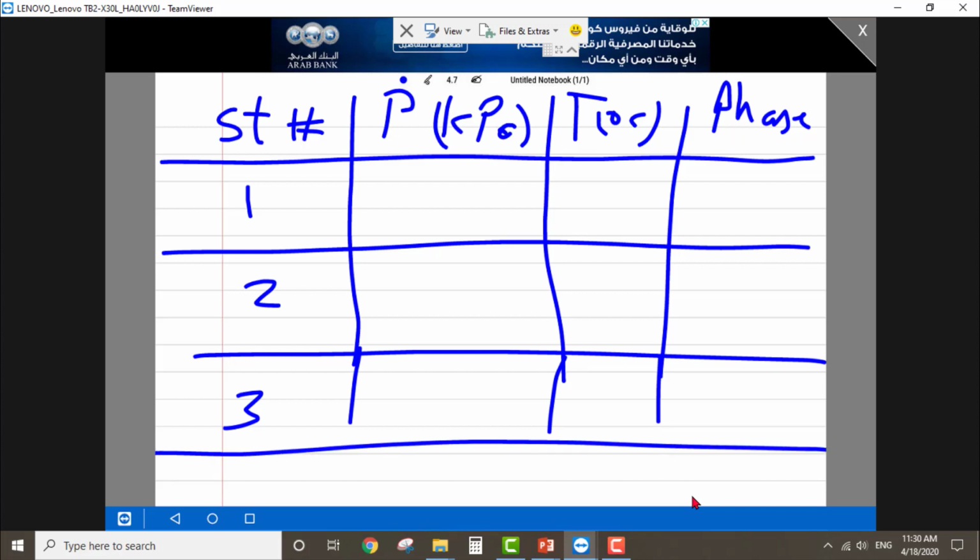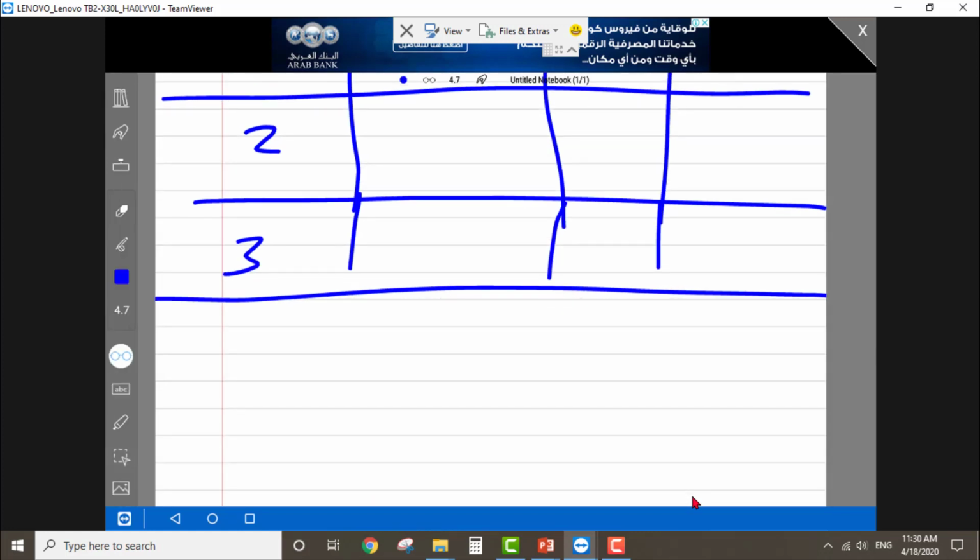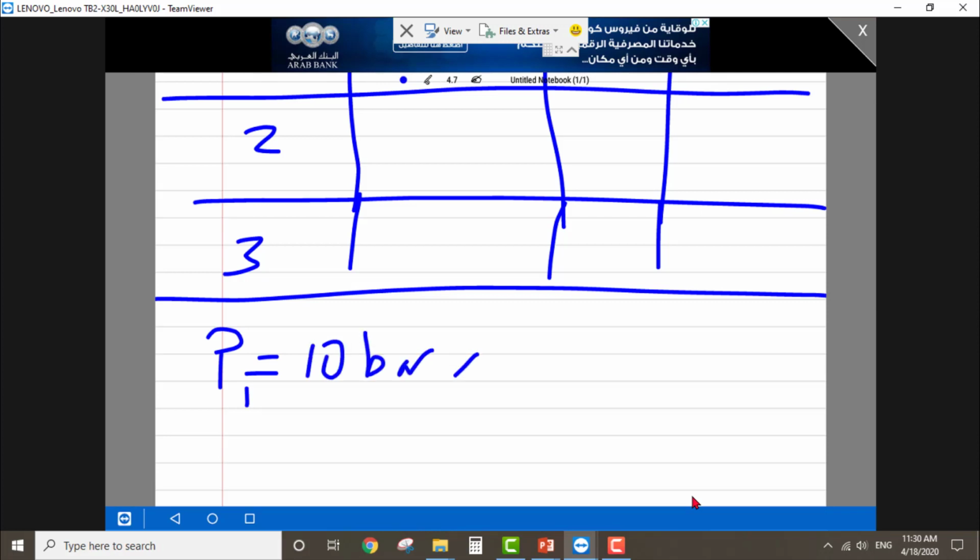So in the statement of this problem, it's mentioned that pressure 1 equal to 10 bar. If I need to convert it, I'll refresh. So pressure 1 is 10 bar, and I need to convert it to kilopascal.